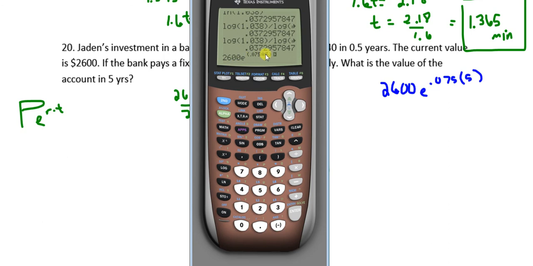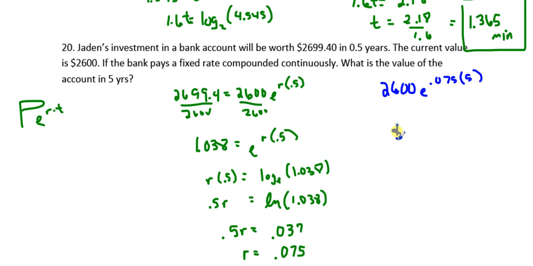On this calculator, I don't have to do that because it's all up there in the exponent. But on the older calculators, it just does one number in the exponent. So his account will be worth $3,782.98.